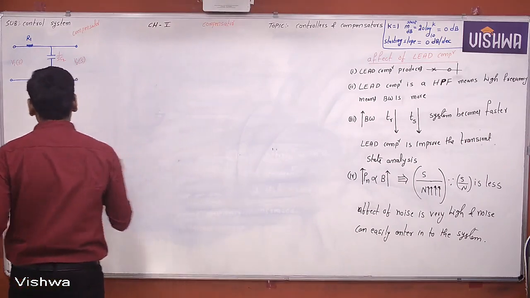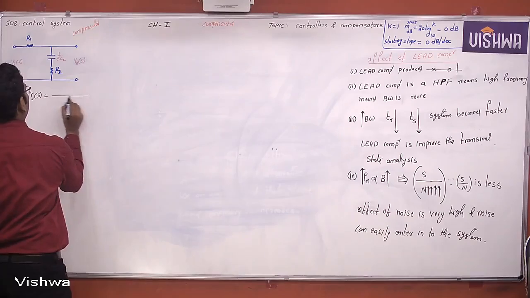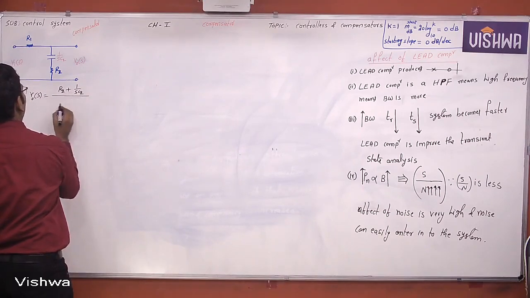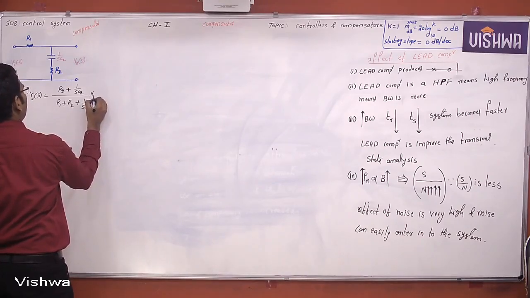The transfer function is the Laplace transformation of the output voltage across this resistance, R2 plus 1 by SC2, divided by the total resistance R1 plus R2 plus 1 by SC2, into the supply voltage Vi of s.